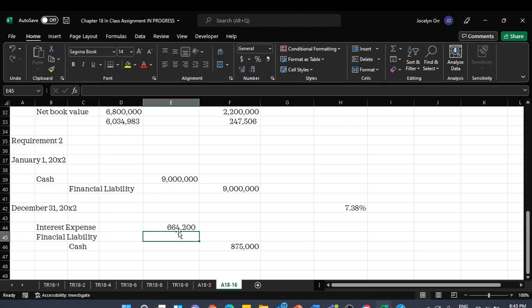Okay, so that is our interest expense. The $9 million times that implicit rate, which I've provided to you, but which you could calculate. It's not given in the question, but you do need it to calculate the interest expense. The financial impact of the financial liability, of course, is the difference between the cash payment and the interest expense, which means the principal amount is going to reduce by $210,800.